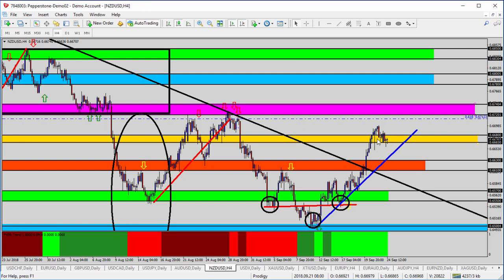So as long as it continues to move in that direction, it becomes an opportunity for us to trade as a long or a buy here for the New Zealand dollar, not really focused on selling until, again, the trend or sentiment changes and we start to see some more bearish price action, maybe lower highs and lower lows.